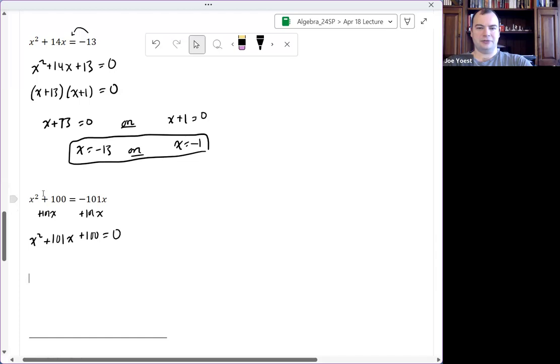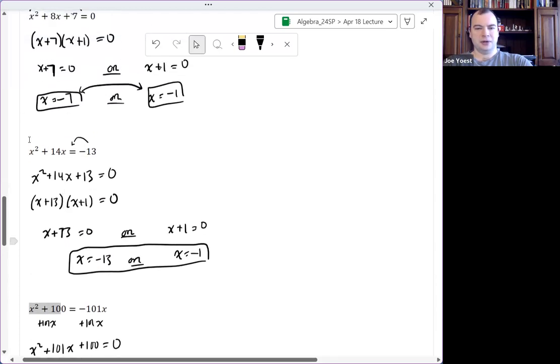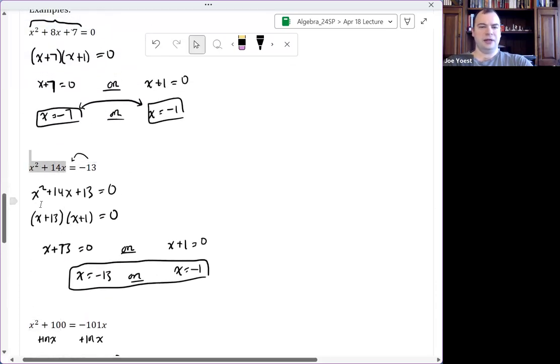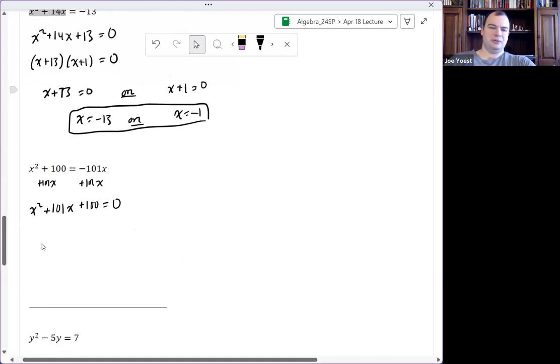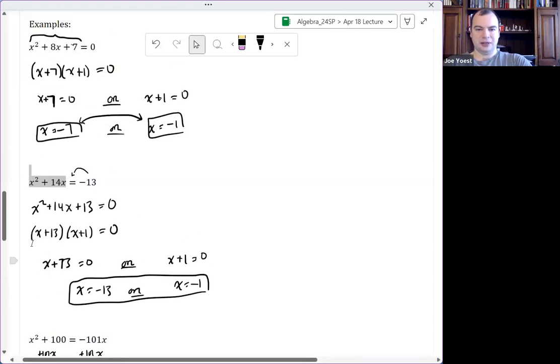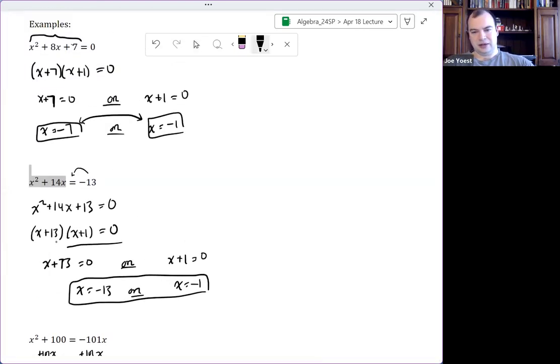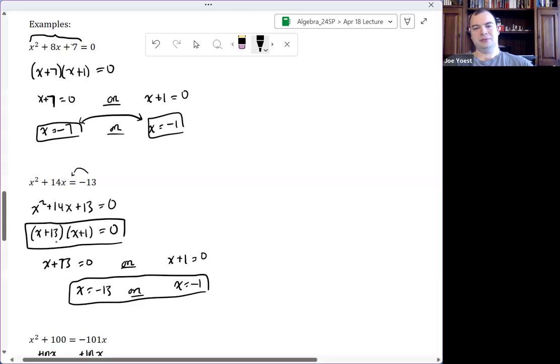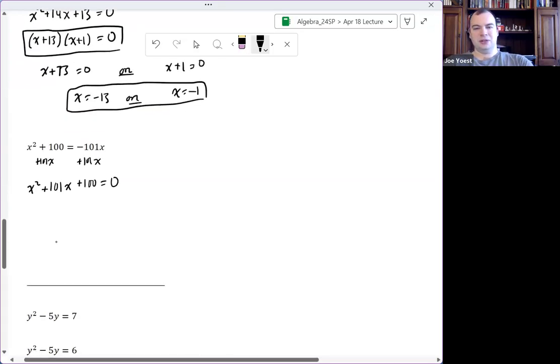I don't want to start factoring this or this, right? Because if I were to start factoring and then move another term over, that's going to mess up my previous factorization. I need a product equaling 0, not a product plus some other thing equals 0. So I move everything over to the one side.